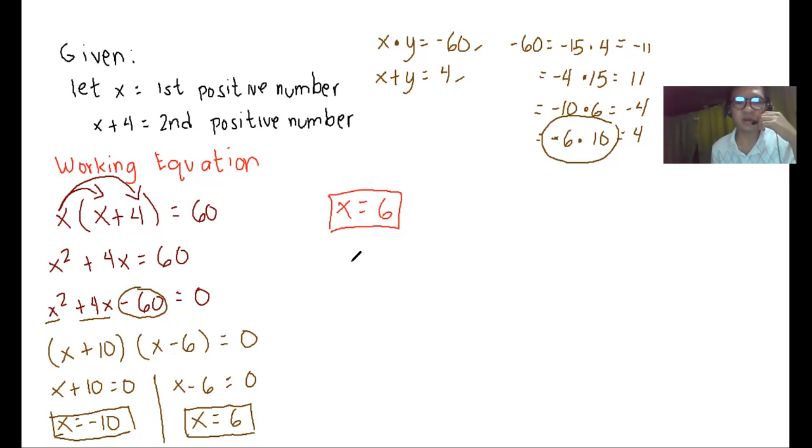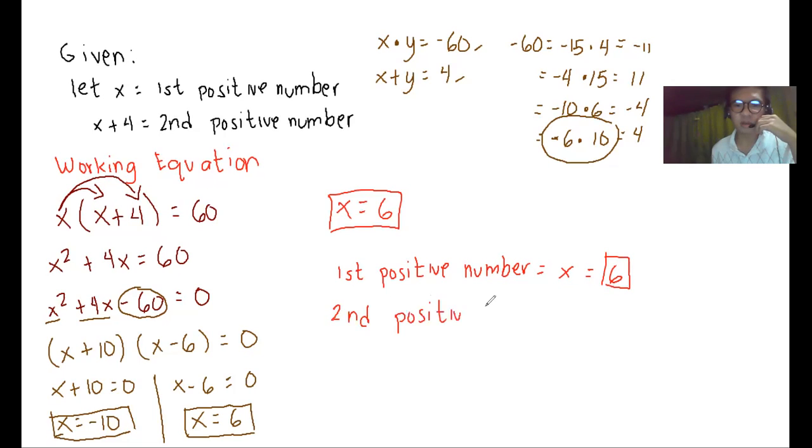So our first positive number is 6. We cannot use negative 10 as our answer because the problem requires a positive answer, since according to the problem, the positive number is the one multiplied. So our first positive number is equal to x, which is equal to 6, while our second positive number is x plus 4.